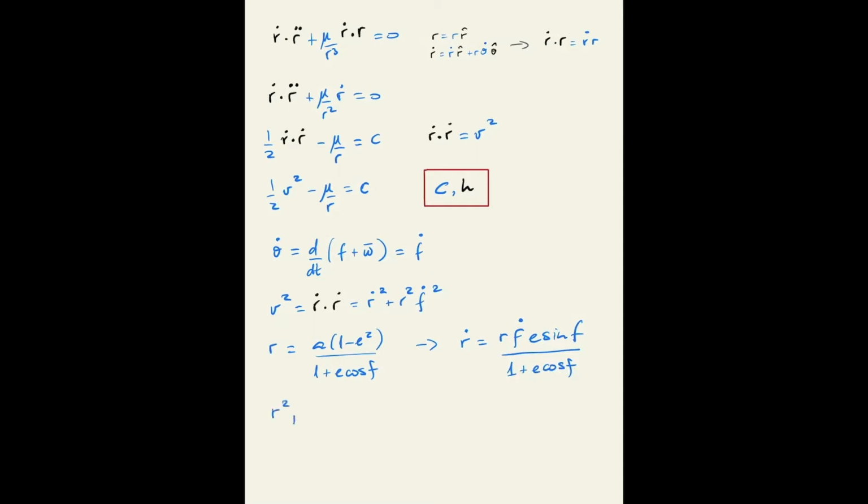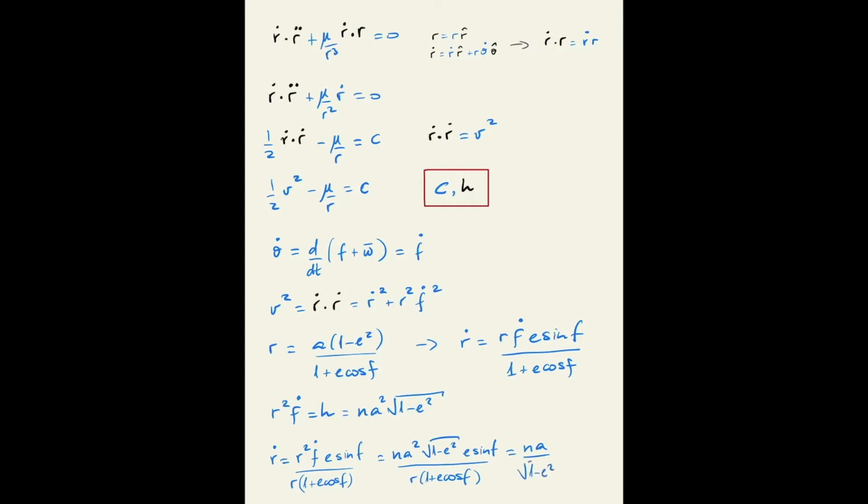Now, considering that r squared f dot is the angular momentum, and we found that the angular momentum was equal to the mean motion times the square of the semi-major axis times the square root of 1 minus e squared, we can take this expression, multiply and divide by r, substitute this expression for the angular momentum and the equation of the orbit for r, and the expression I have is the mean motion times the semi-major axis over the square root of 1 minus the eccentricity squared, times e sine f.